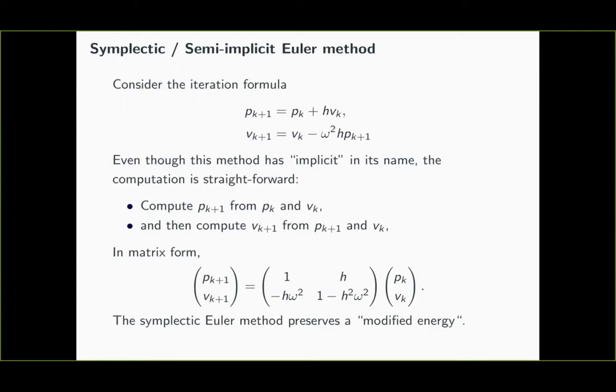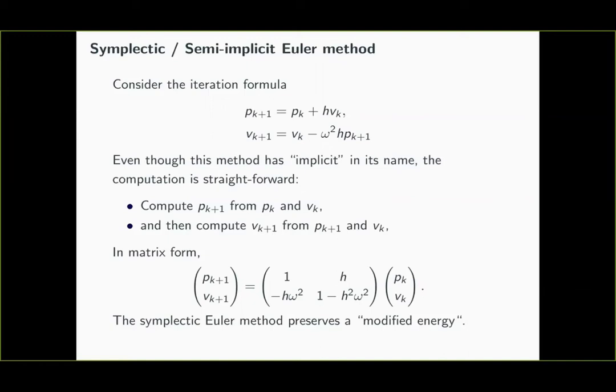Now, if you take a look at this formula above, we compute p_{k+1} from p_k and v_k. That's the first step. And then we compute v_{k+1} from p_{k+1} and v_k, since p_{k+1} has already been computed. That's a straightforward computation. It can also be written in matrix form. Suppose that we already know p_k and v_k, the approximations of the harmonic oscillator variables at time t_k.